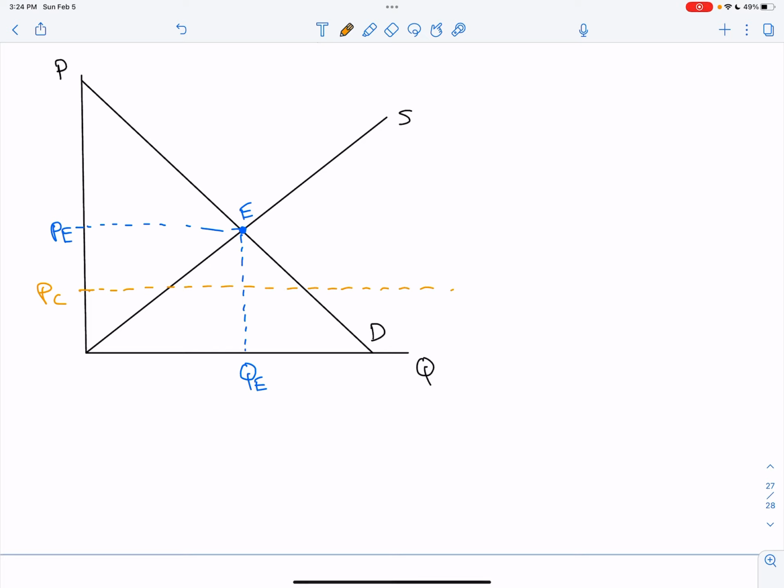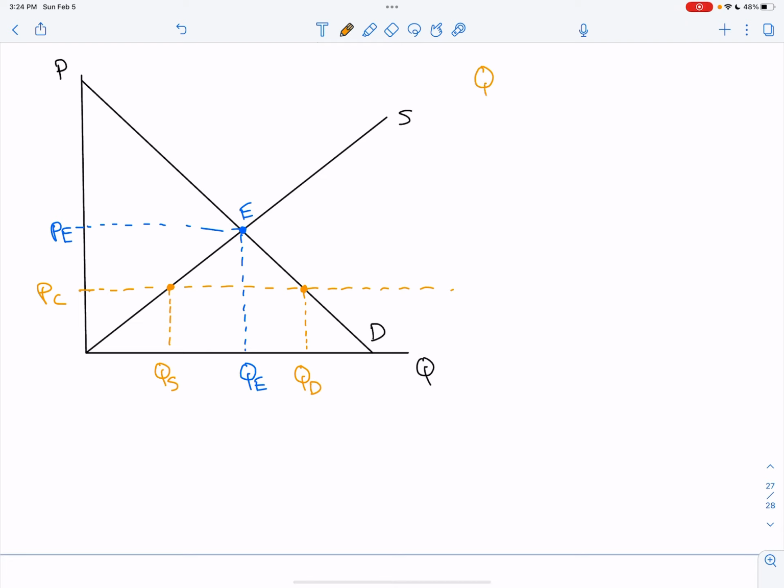And as we did before, we can determine what the quantity supplied and quantity demanded are under this price ceiling. So that would be our quantity supplied. That would be our quantity demanded.